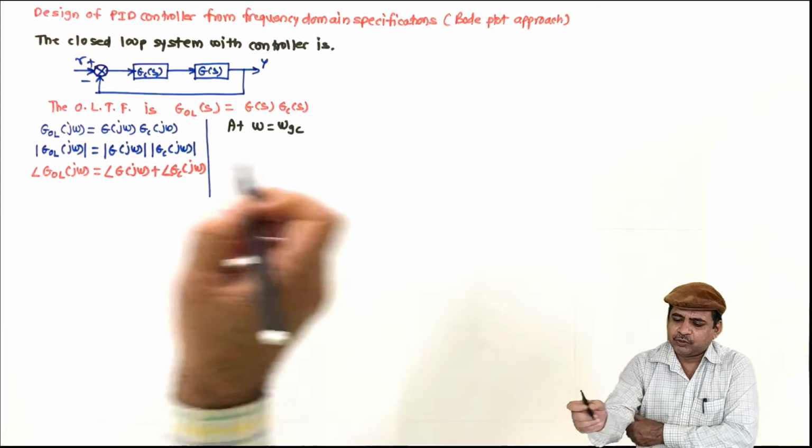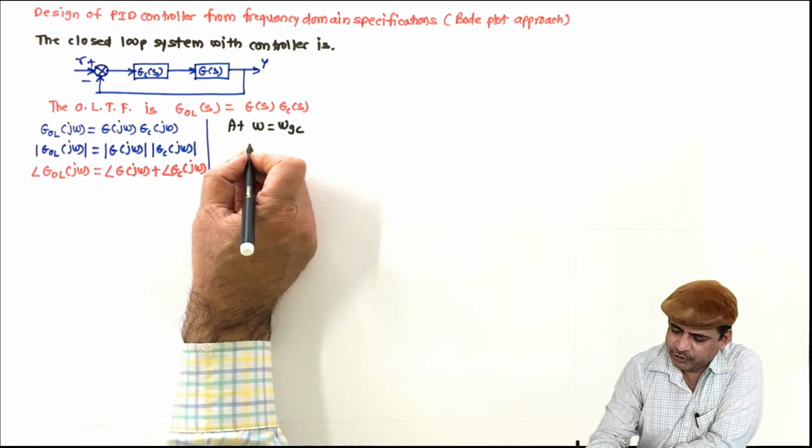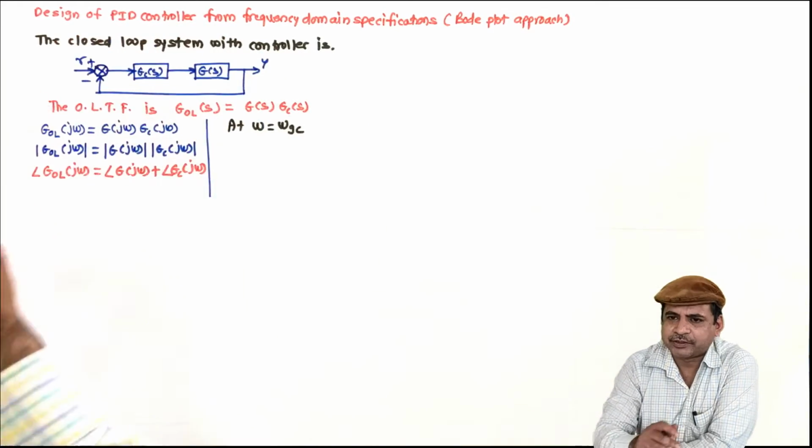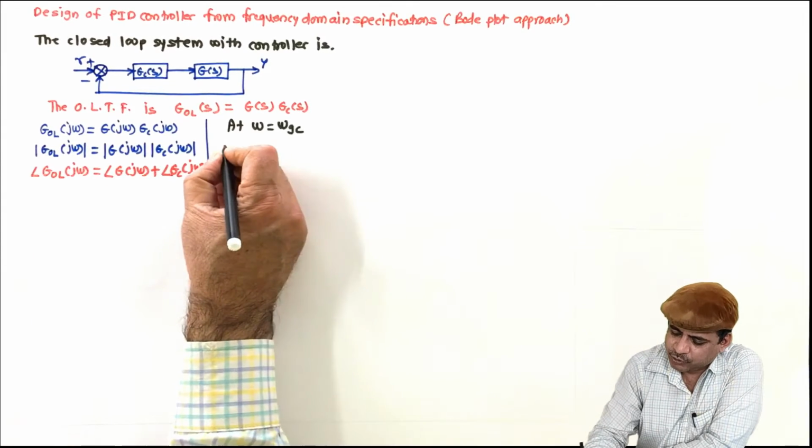So at omega equal to omega GC, we know that the magnitude of this open loop function is 0 dB, that is 1.